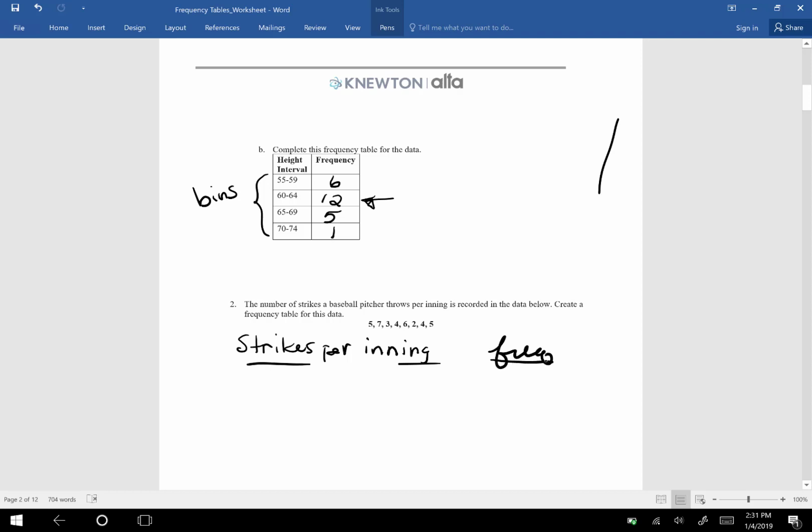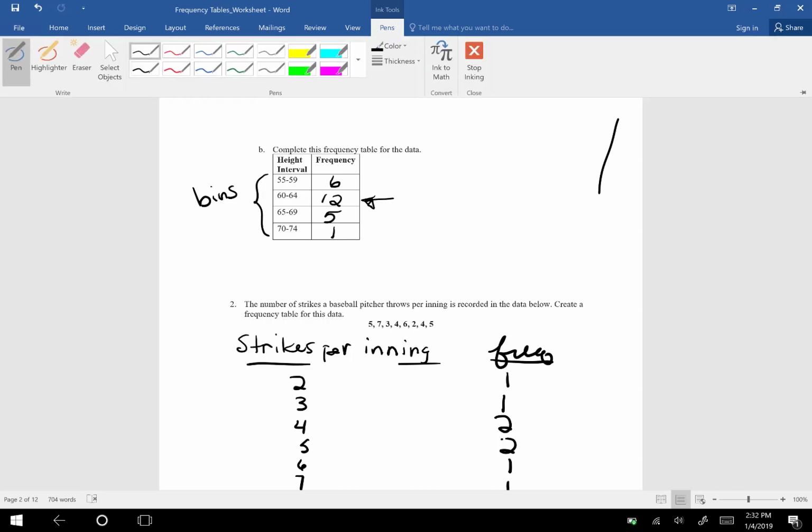Our possible values look like 2, 3, 4, 5, 6, and 7. The frequency: just one had a 2, 1 for a 3, 2 for a 4, 2 for a 5, 1 for a 6, and 1 for a 7. So here's our frequency table where we list every single value rather than grouping them together since we didn't have a lot of values. Make sense?